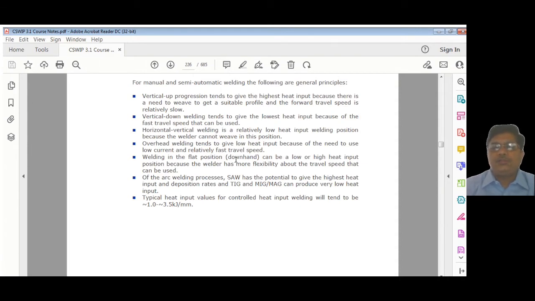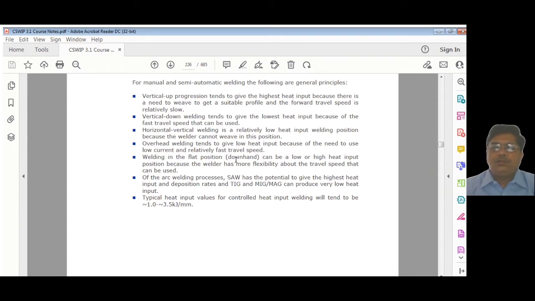Welding in the flat position, downhand, can be low or high heat input because the welder has more flexibility about the travel speed that can be used. Of the arc welding processes, SAW has the potential to give the highest heat input. Why? Because it is in 1G position, and sometimes the pipe is being rotated or the arc is traveling.